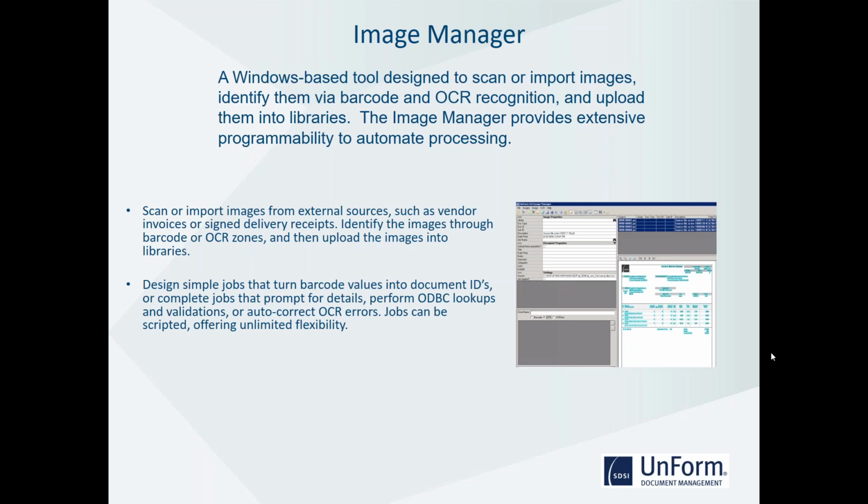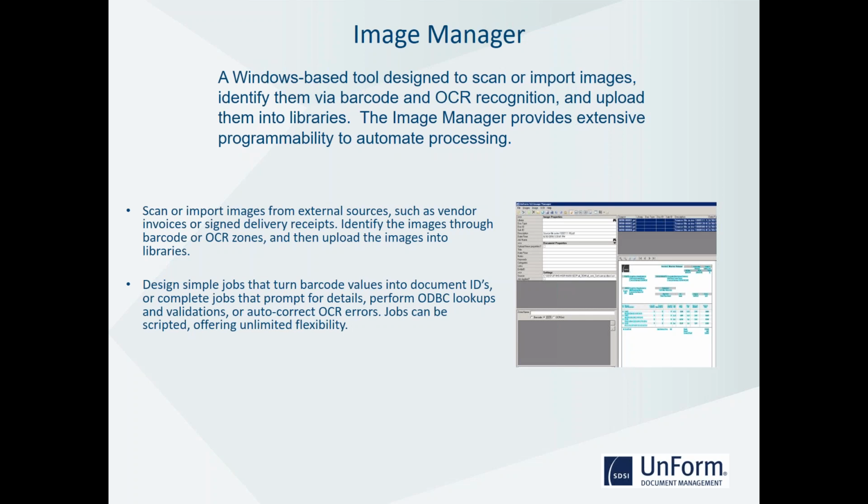So I can have a job definition set up to read a barcode, pull an order number off of a document, then I can pull the balance of whatever information I want to use to index that document straight out of the SX.e or A+ or whatever database you're working with, and get those documents in there very quickly and easily.